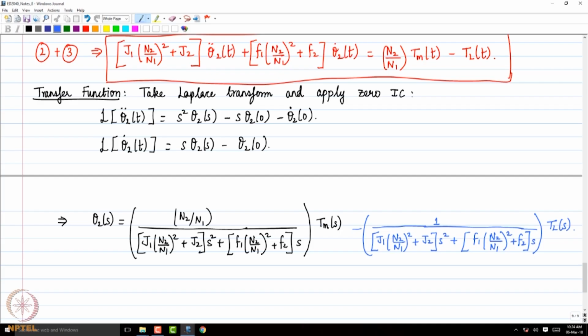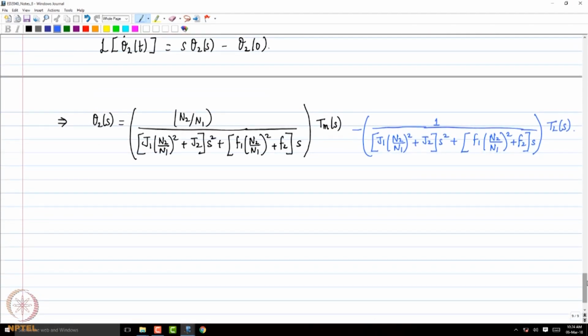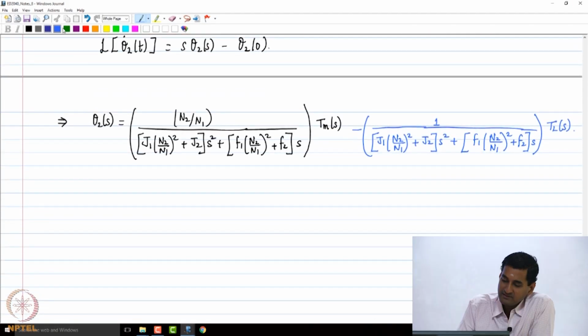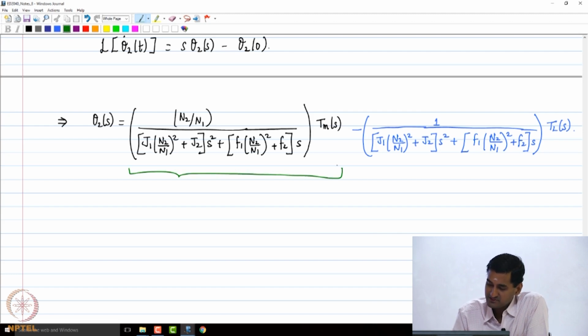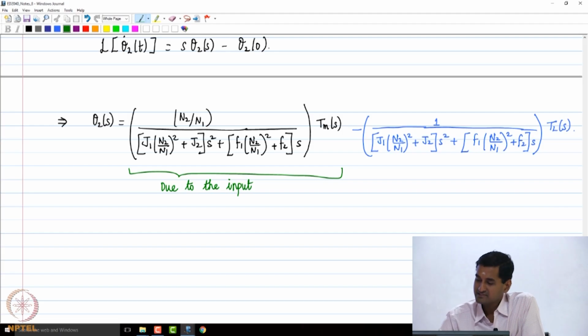You see that finally the output of the system, theta 2, has two components. The first term is the one due to the input. The second term is due to the load torque.